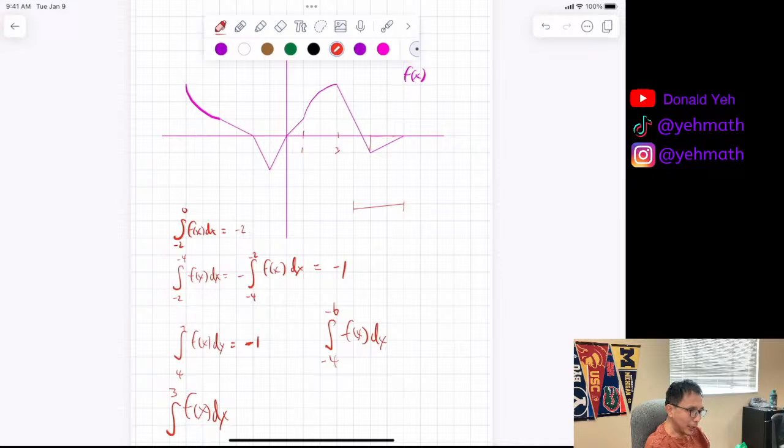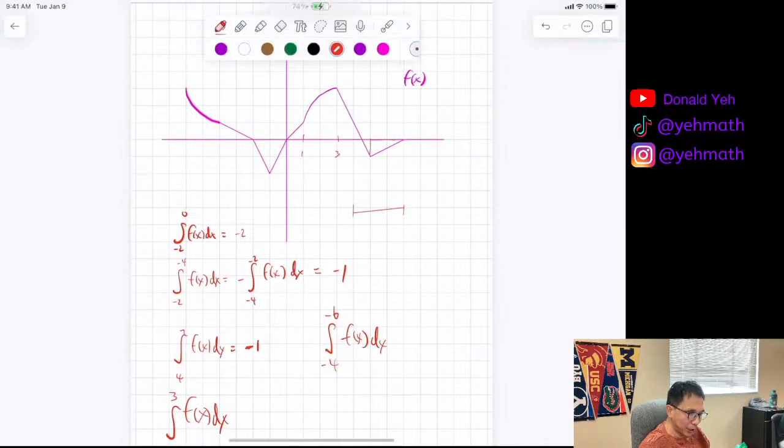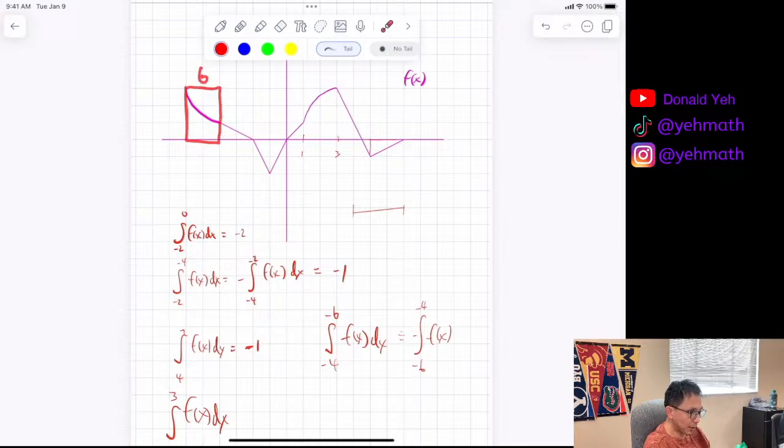Okay, so the thing about it is you always have to check the boundary. So it's -6 to -4 of f of x. That's negative. Now, what we'll do is this part is this, right? But the problem is there is no quarter circle curve. But if you look at this as a whole, which is 6, 6 minus pi is going to give you this area.